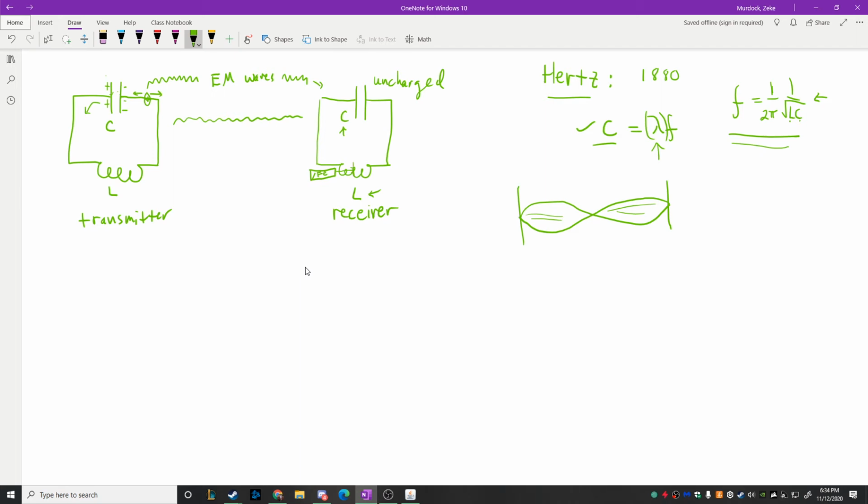The distance that you move the piece of iron in and out will cause L to change. Does that make sense? The iron basically makes it so that the inductor works better than it normally would once you put it inside. So you can have a variable inductor, and as long as your inductance is varying in some way, you have the ability to change your frequency.